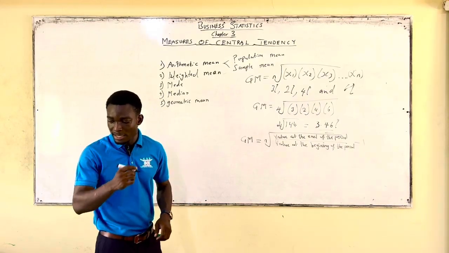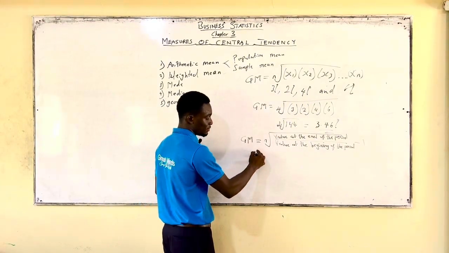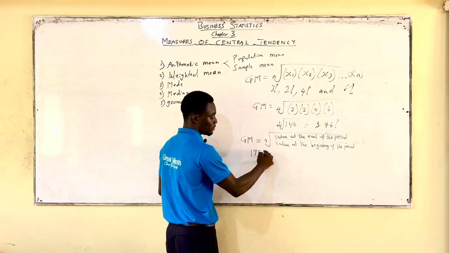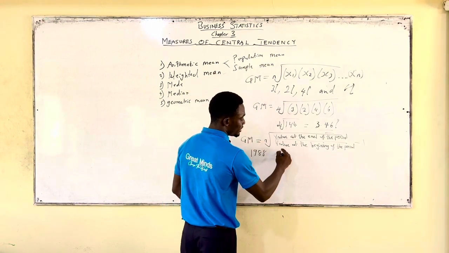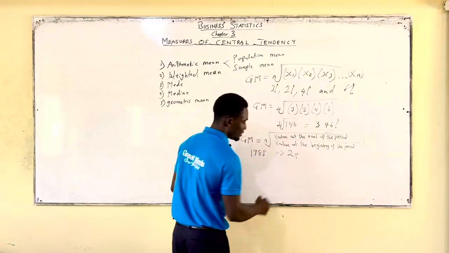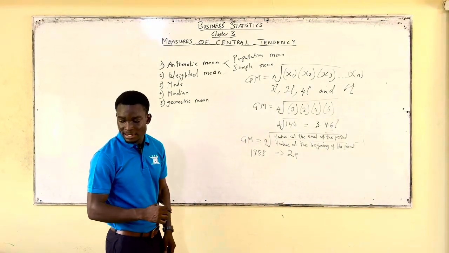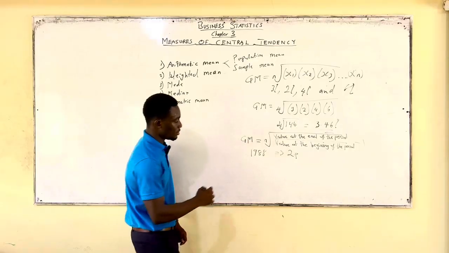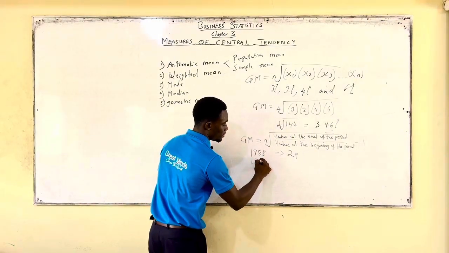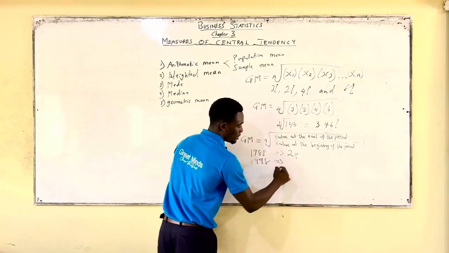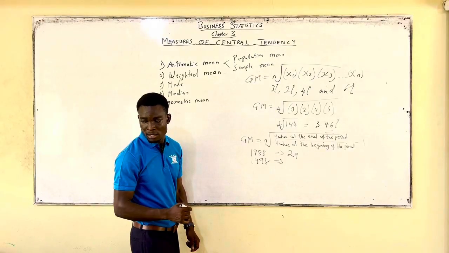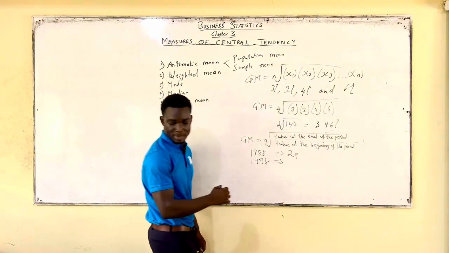So in 1988, the population was what? 2 persons. And by 1998, it was what? 22 persons.